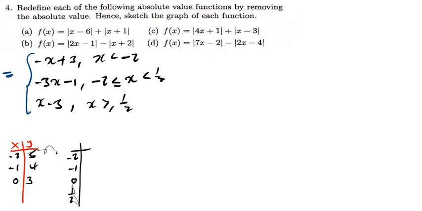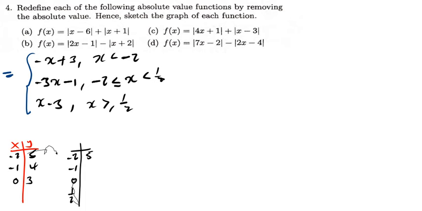Positive 6 minus this is 5. But at that point it is included. I don't want us to waste time, so I can just go direct to half, because I need just to connect the line, which is going to be negative 2, 5 and 1 over 2.